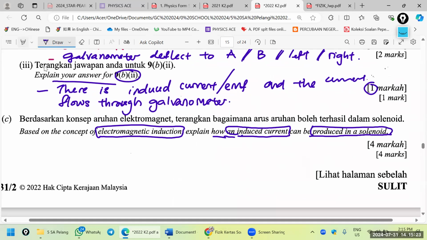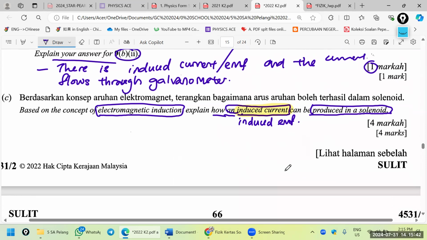Okay, here be careful. Since they say induced current already, so finally you cannot say induced current, but you can replace it by using induced EMF. So highlight, don't write this as your answer.